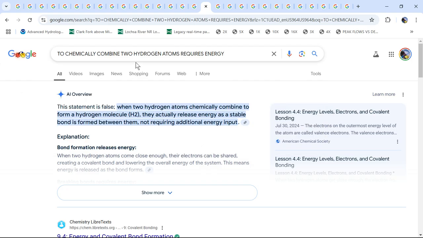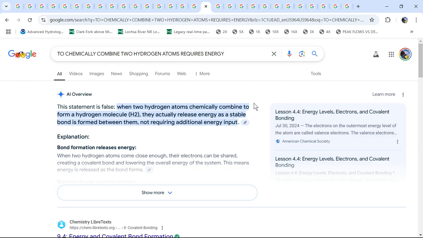So no, if I combined two hydrogen atoms, due to this chemical process, these two hydrogen atoms, as H2 now, will be in a lower energy state. So the two individual hydrogen atoms were higher energy, and that's the whole idea of chemistry. This line of thinking really gives me a very fundamental understanding of what chemistry is.